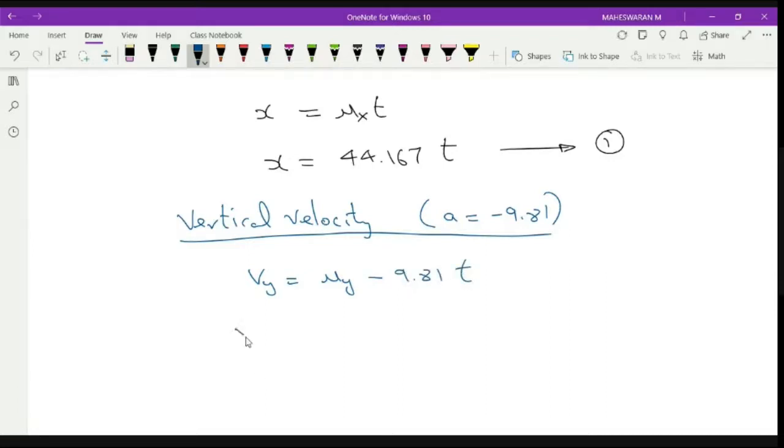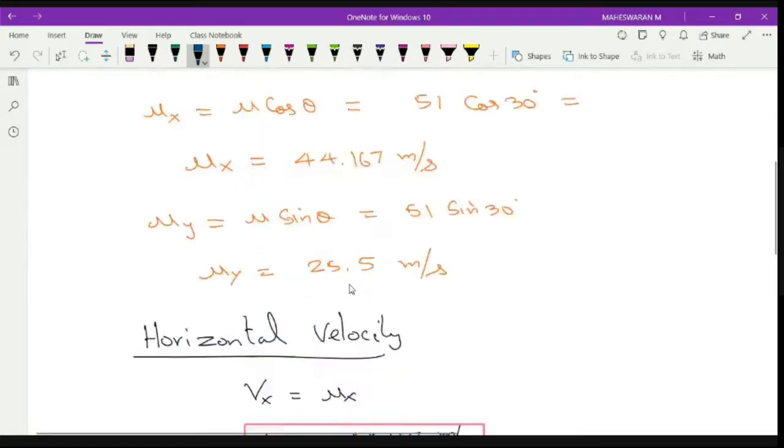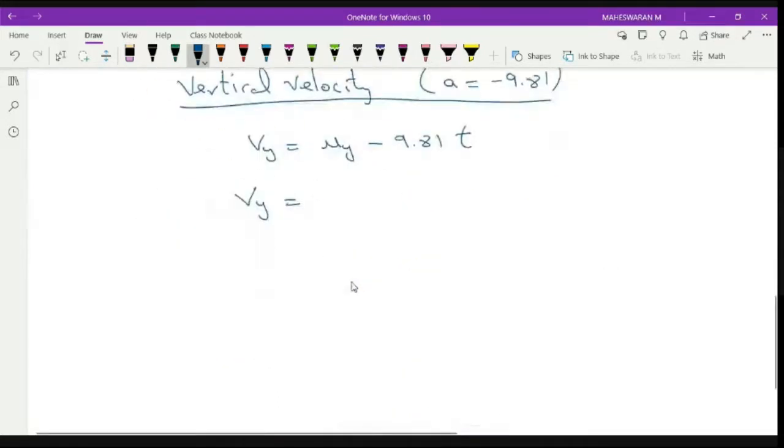What is your Uy? Uy is 25.5. So 25.5 minus 9.81 t. Let me consider this as equation 2.